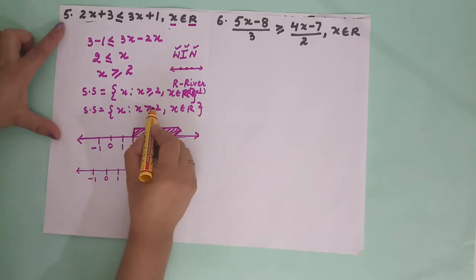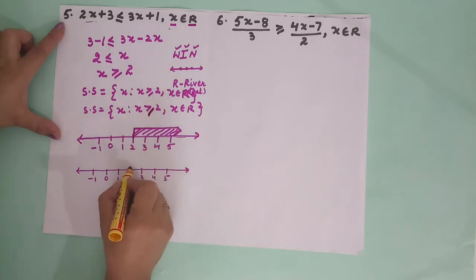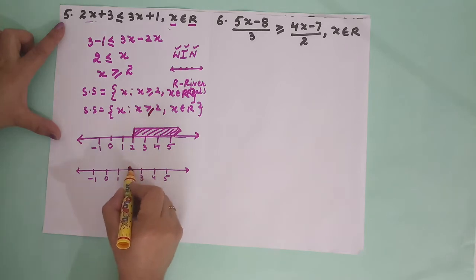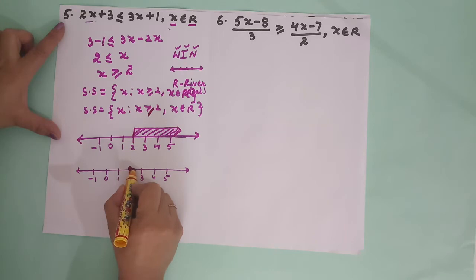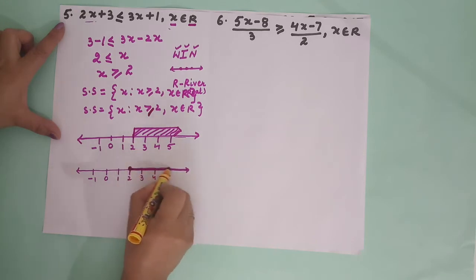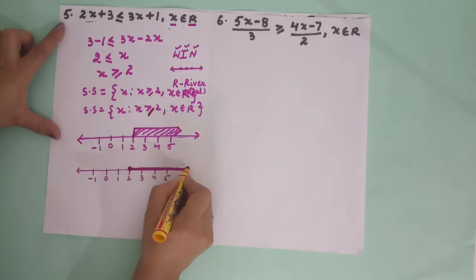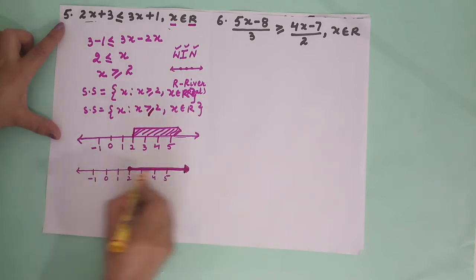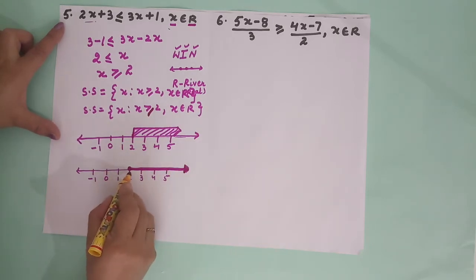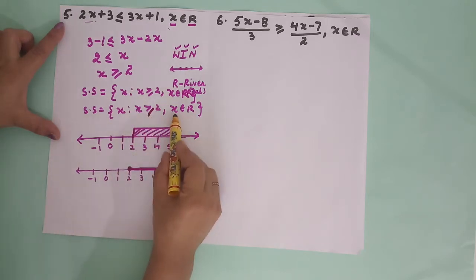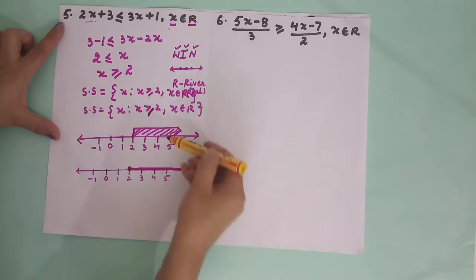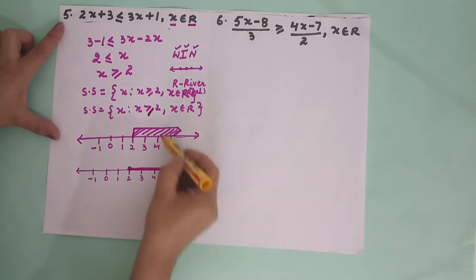Since the equality sign is given, we place a dark circle over here. And then since this is infinitely increasing on this side, we will darken this line. We are darkening this and darkening this arrow also. And this should be visibly clear. What does this mean? This means that you have represented x is greater or equal to 2 and x belongs to R. Both these methods you can use. You can choose either of the two.